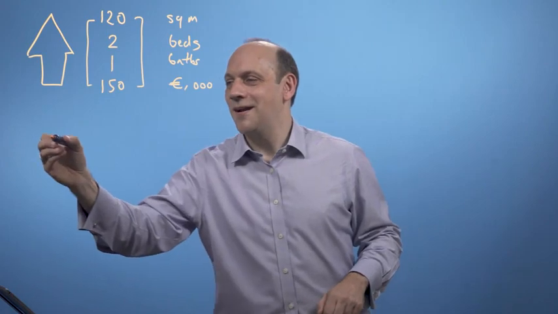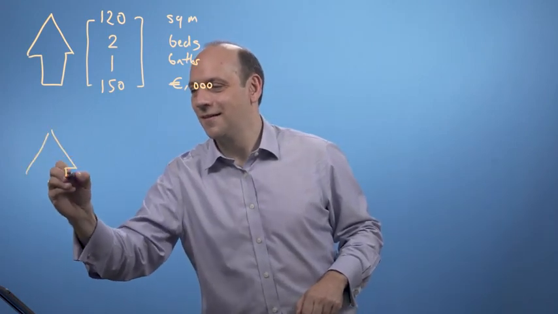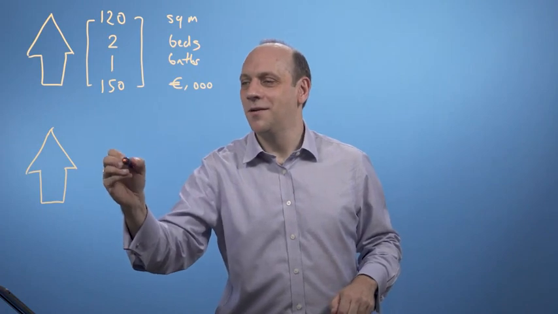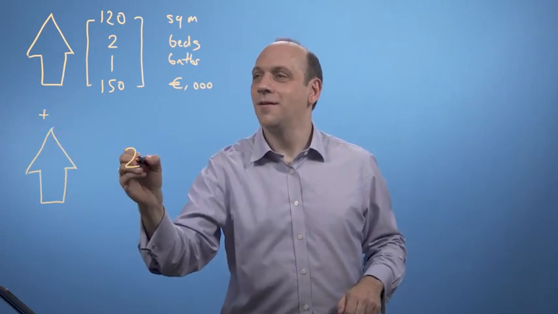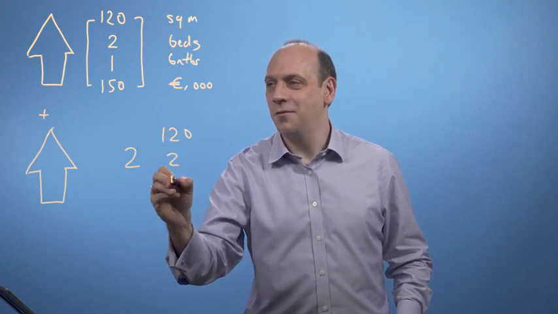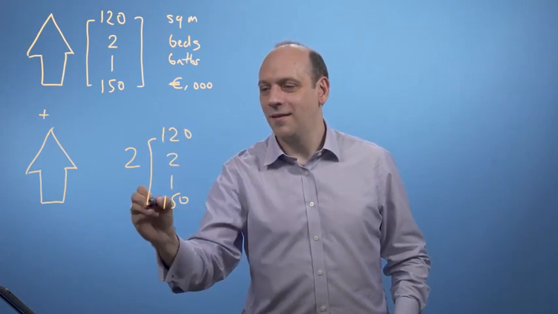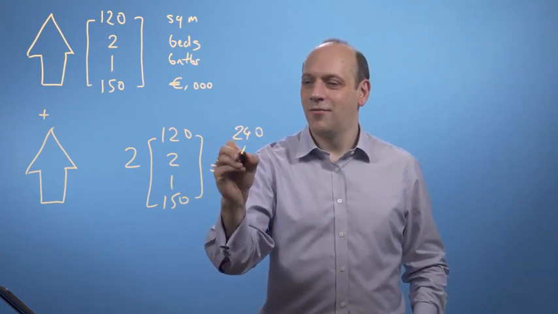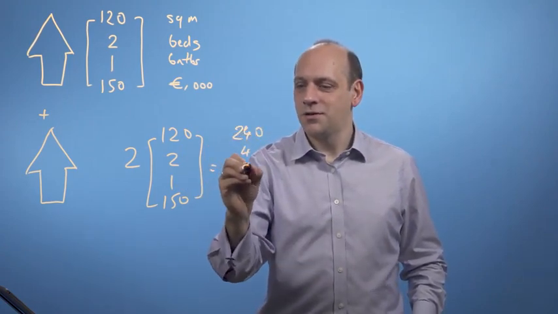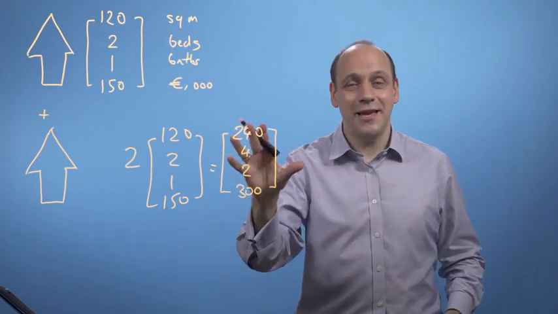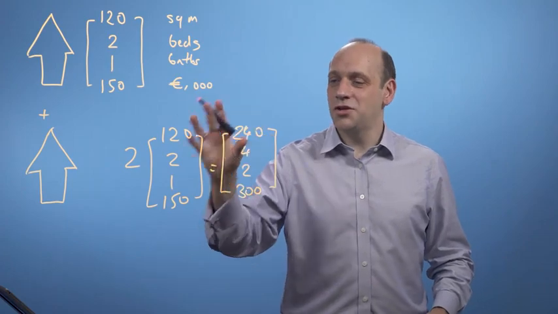So 2 houses is equal to the vector addition of those things, the way we're defining vector addition, 2 times 120, 2, 1, 150, which would be equal to 240, 4, 2, 300.